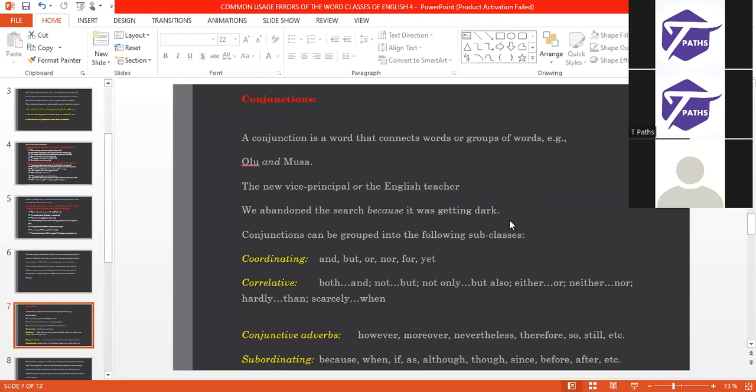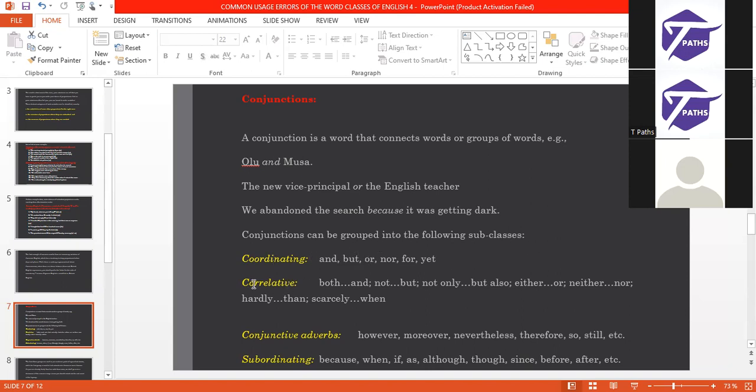All right, sorry. Conjunctions can be grouped into the following subclasses. Coordinating conjunctions. Look at examples. When you use these words, and, but, or, nor, for, yet, these are coordinating conjunctions.